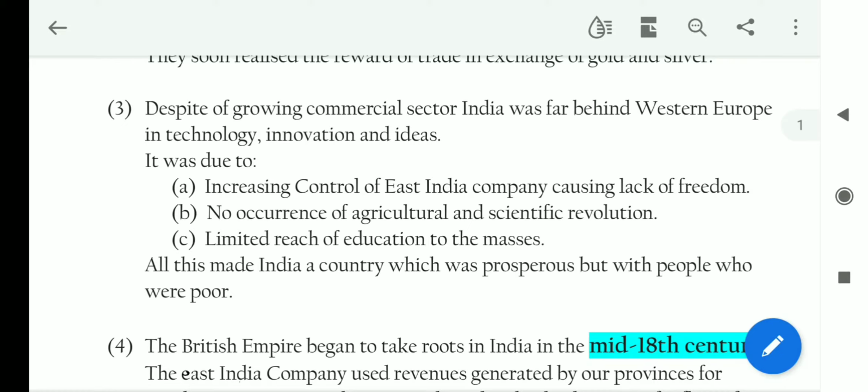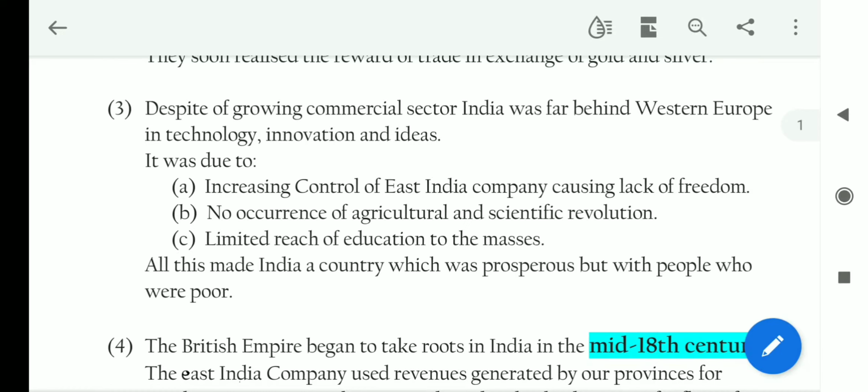At that time the education sector was not developed, so many people were illiterate. So that led to less development in some areas. All these made India a country which was prosperous but with people who were poor. As we have learned, India was prosperous, but due to these reasons there was no development in such areas and it led to poverty.